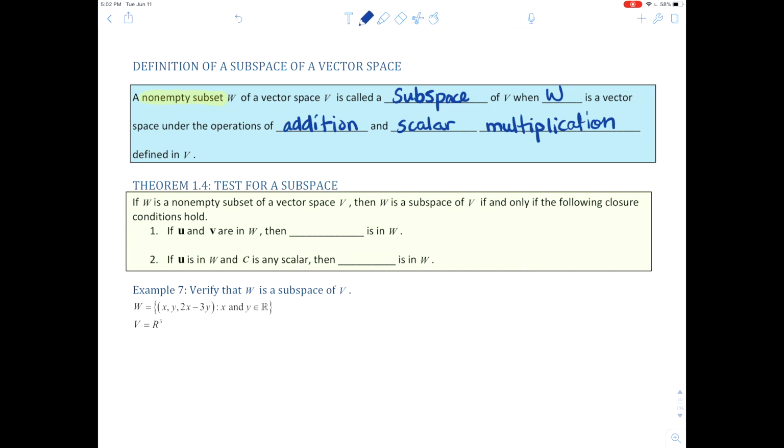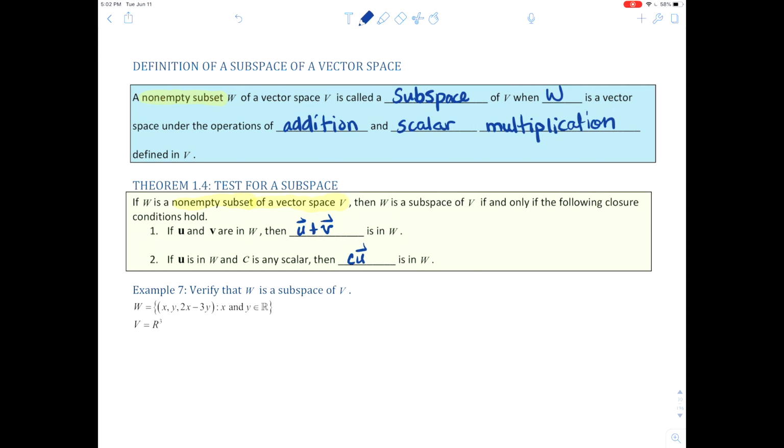All right, so there's a test for a subspace. So again, if W is a non-empty subset, right, of a vector space V, then it's beautiful. You just have to check for closure under addition and scalar multiplication, right? So it turns out that if U and V are in W, then U plus V is in W. If U is in W and C is a scalar, then C times U has to be in W. Groovy?